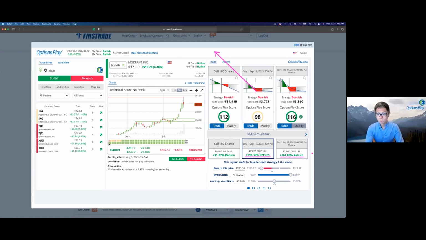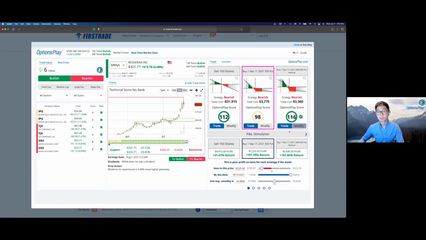And that's why we built these tools, because it's hard to figure these things out in your head. No one can figure these things out in your head. These tools are designed to help you figure out what you can potentially make, what you can potentially lose. So that helps you make your decision as to which strategy you want to trade. So if you believe the stock will go down to 220, maybe you're better off just buying the put option.